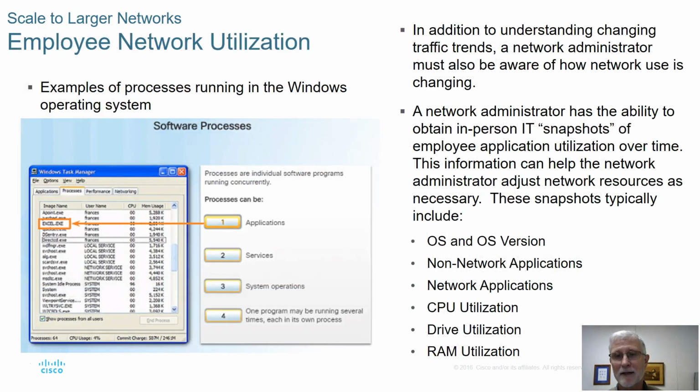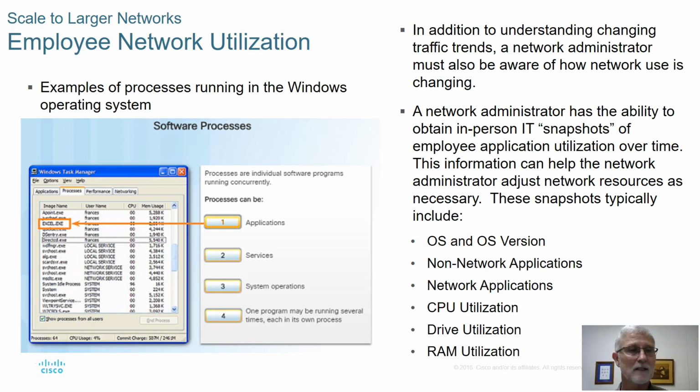Now, great. I've planned some of this stuff, but how are my employees going to run this? What kind of PCs do they have? But I also have to understand how this network is changing, how my employees are changing based on the job as it goes through.